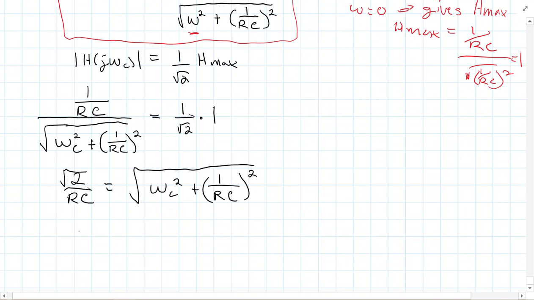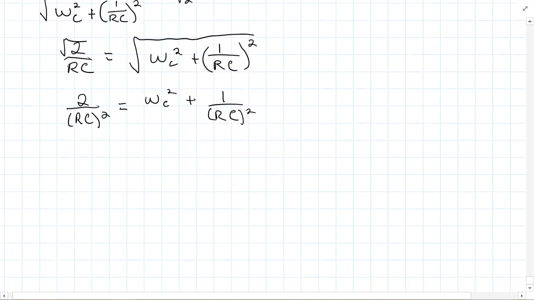Now we're going to square both sides. So we've got 2 over RC squared is equal to omega c squared plus 1 over RC, and I'm just going to write this as 1 over RC squared because clearly 1 squared is just 1. But now, honestly, this is not hard to solve because what would I end up getting?